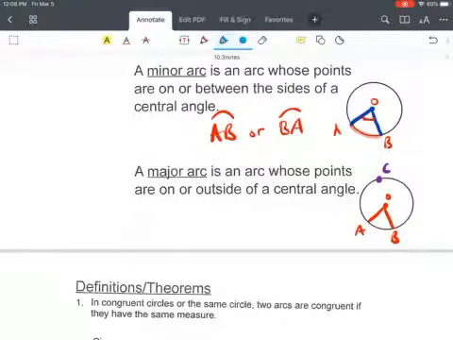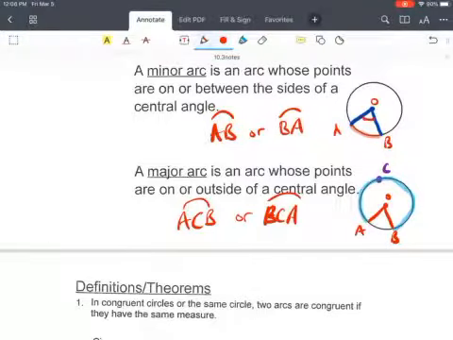The major arc would be the arc on the outside there, so I would need to use 3 letters to name the major arc, and it would be arc ACB or arc BCA.